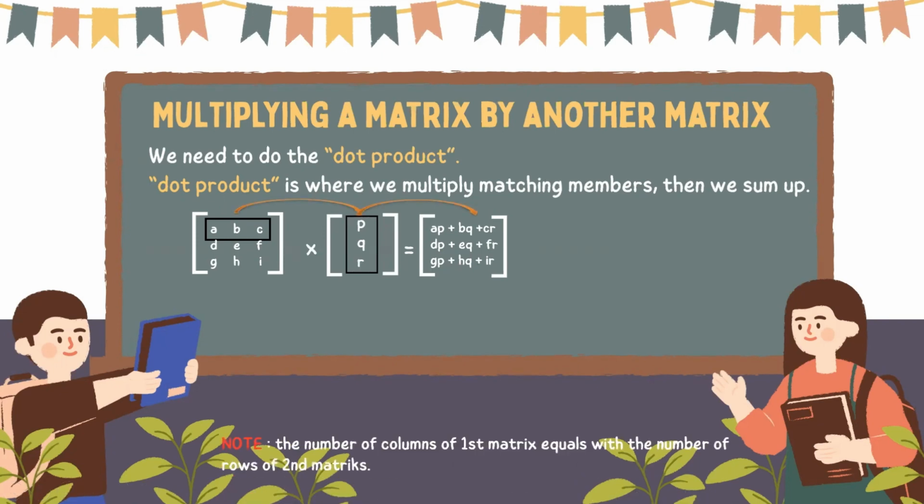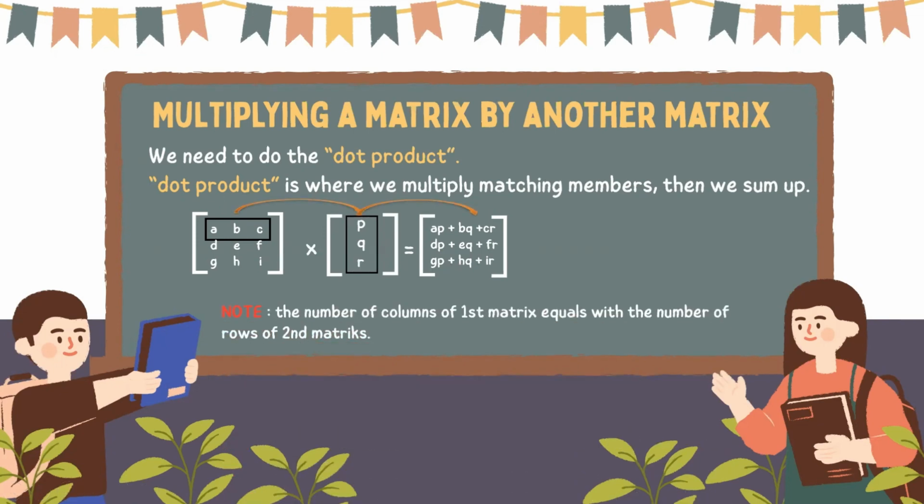Okay, for your information, the condition for multiplying a matrix by another matrix is that the number of columns of the first matrix equals the number of rows of the second matrix, and it must. First, you multiply the first row in the first matrix with the first column in the second matrix.